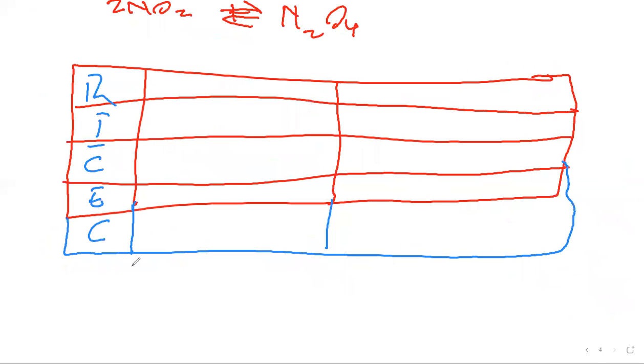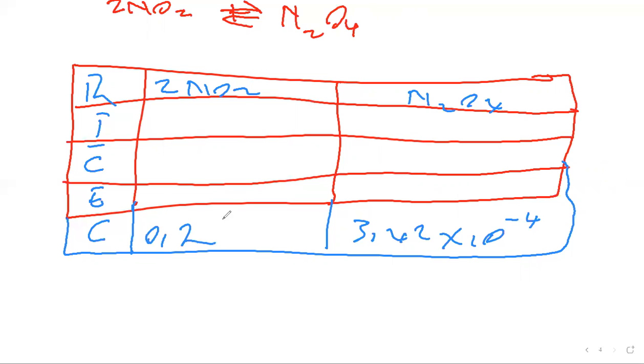So this is 2NO2, this is N2O4. So it's 3.42 times 10 to the power minus 4. And the concentration of NO2 is given to be 0.2. Now, this is concentration.